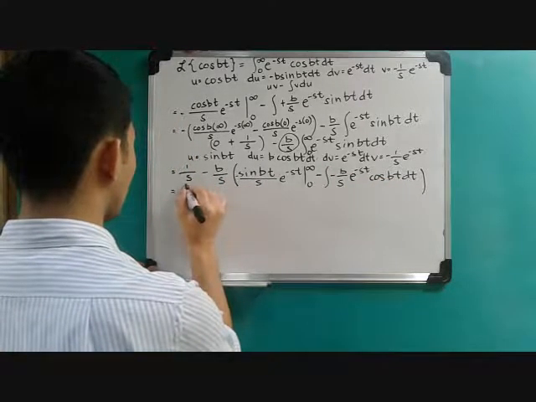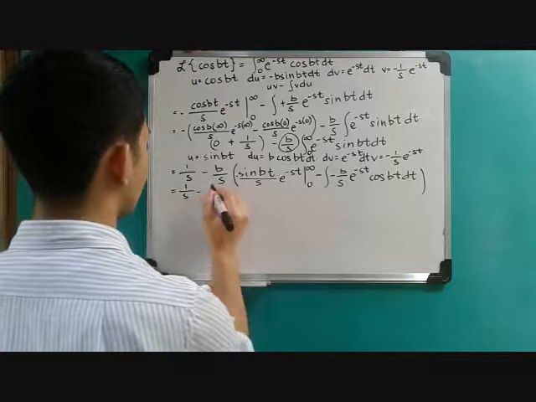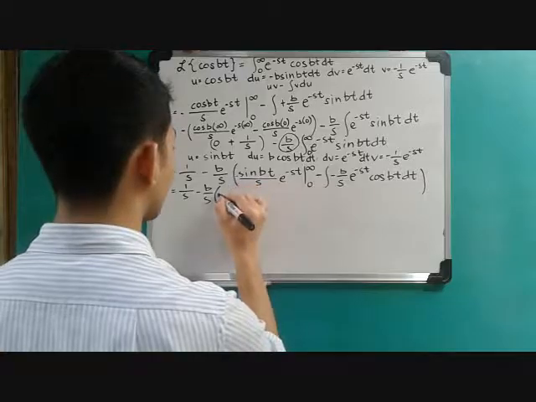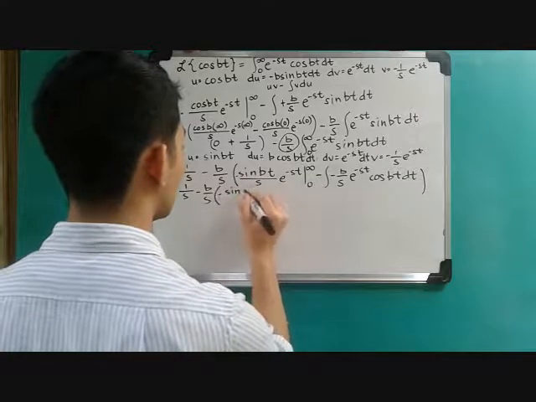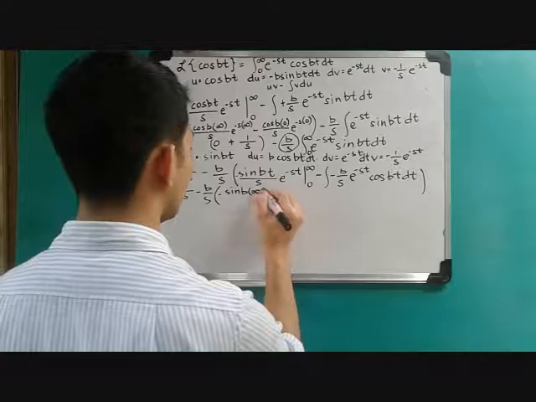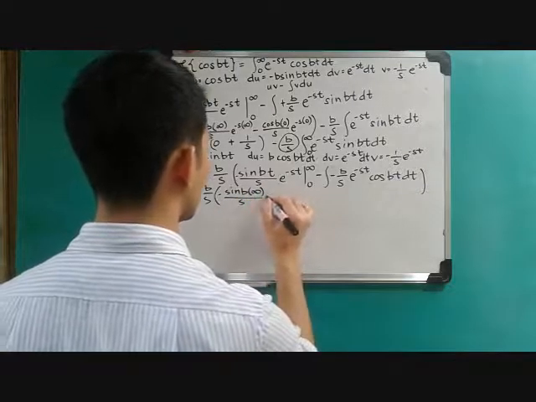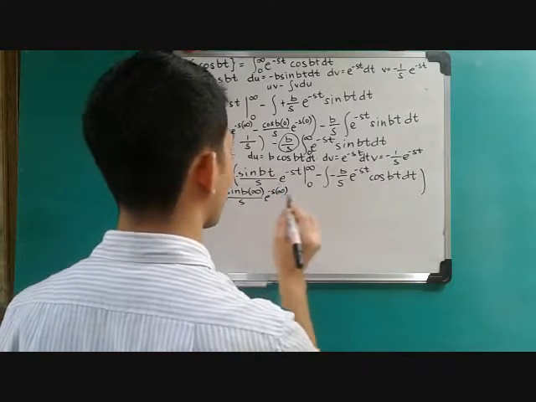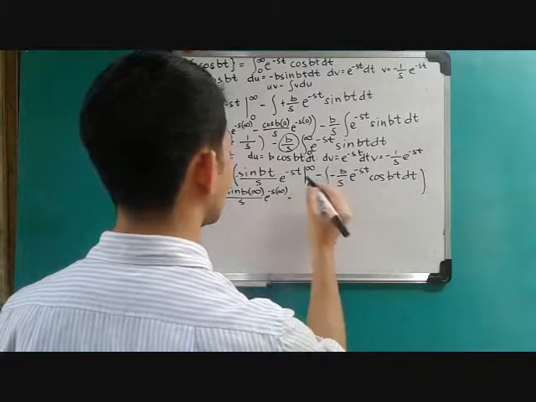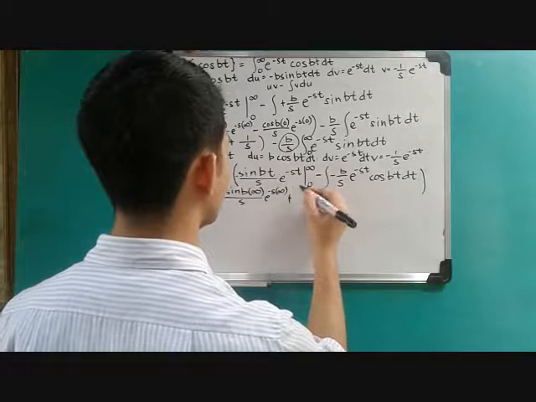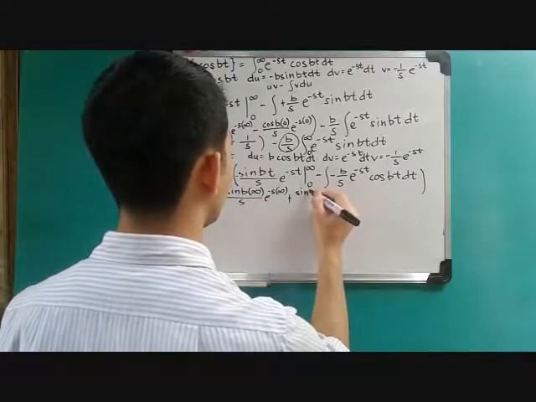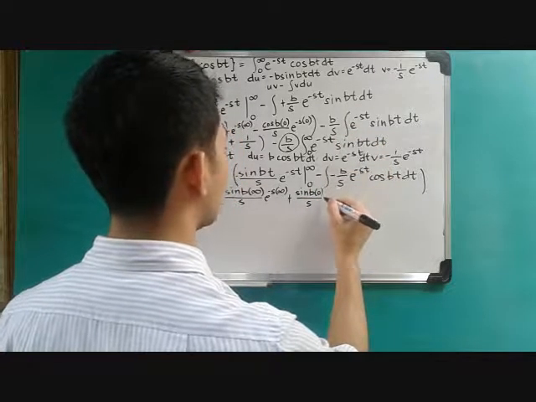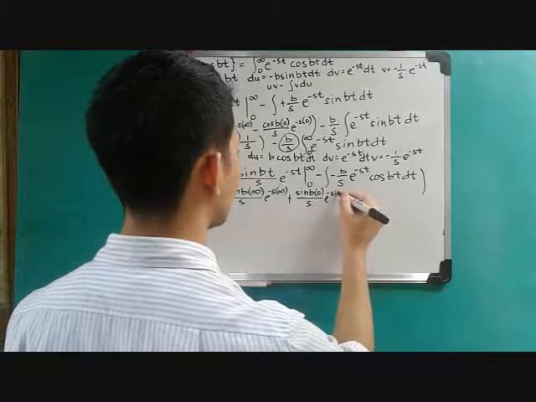So copy 1 over s minus b over s. Substituting the limit, we get negative sine b infinity over s times e raised to negative s infinity, minus, will become plus sine b times 0 over s times e raised to negative s times 0.